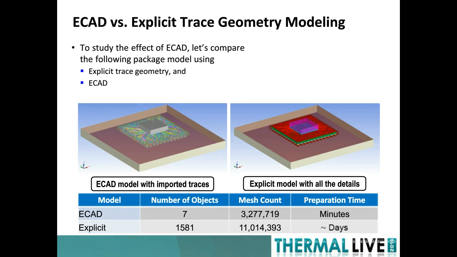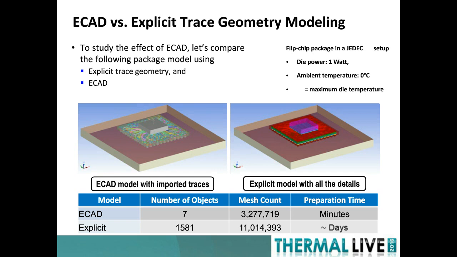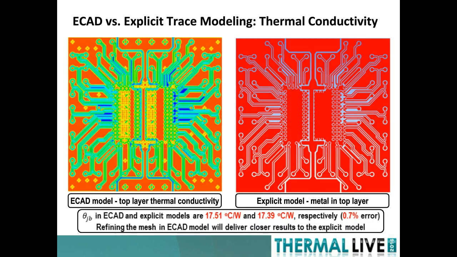So we can compare accuracy for the ECAD approach and the explicit approach by measuring the junction to board resistance for each of these packages. The junction to board resistance in the ECAD and explicit models are nearly identical, about a 0.7% error in this case.